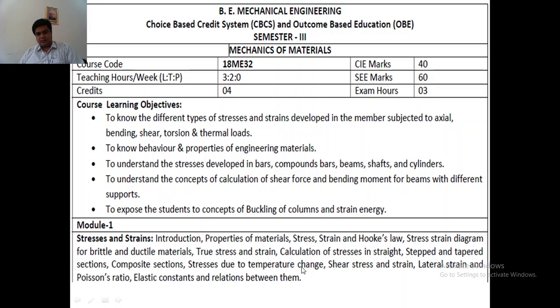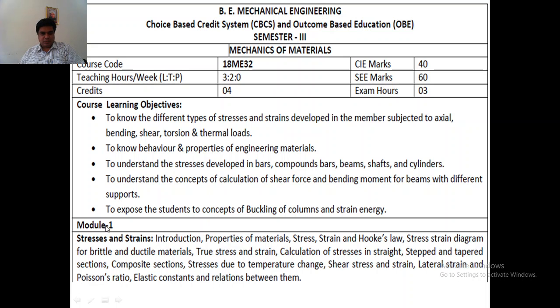There are also numerical problems based on the equations we derive and the theorems we learn in this chapter. We also look at how temperature causes stresses, different strains, shear stress and strain, and different elastic properties of materials, and try to establish the relationship between them. Based on this content, we have the learning objectives.